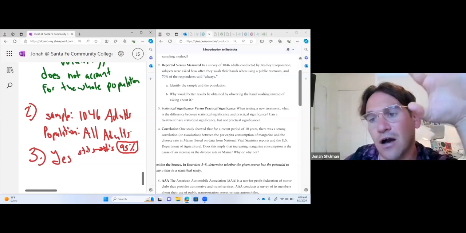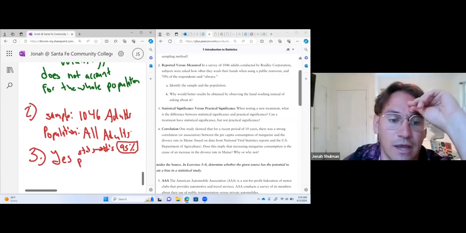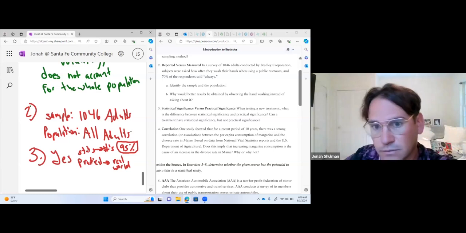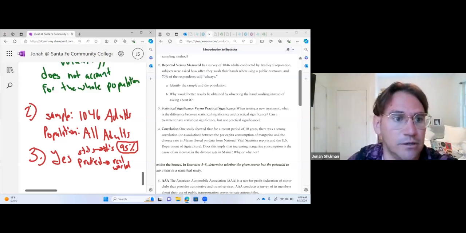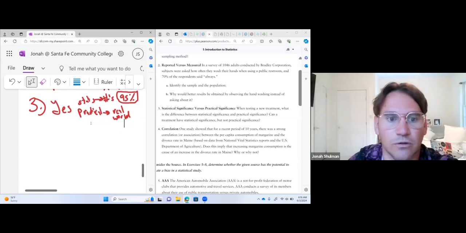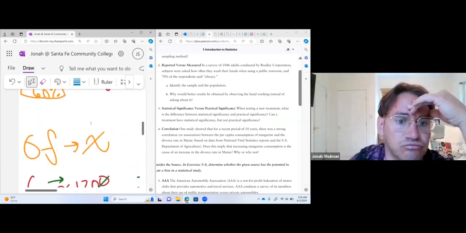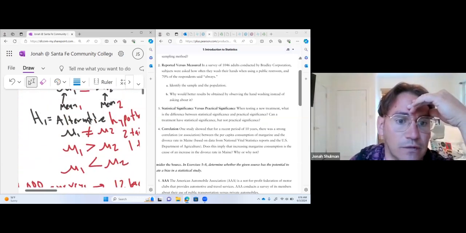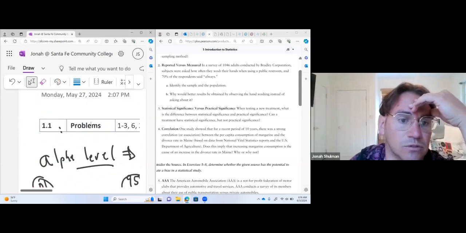We're 95% confident that this is not due to chance. And practical, you can think about it as a real-world situation. And yes, it could be minusculely better numerically, but it doesn't really matter to the world. Let's see where we're at. Oh, sorry, I'm just looking for the numbers.